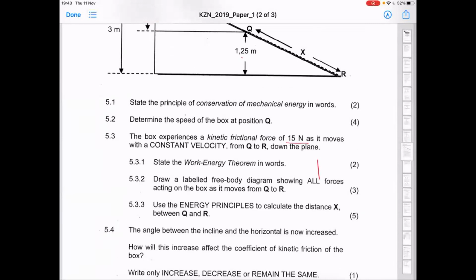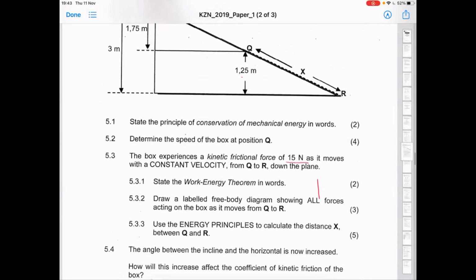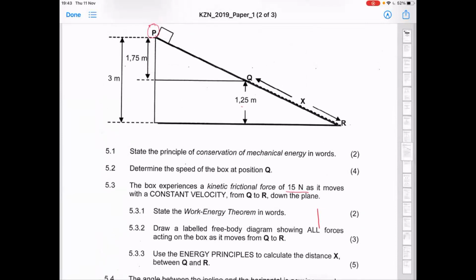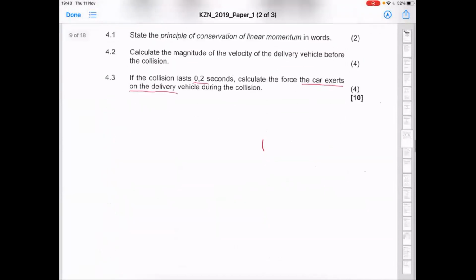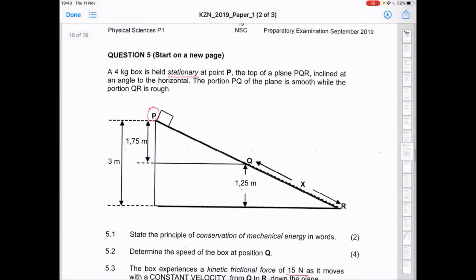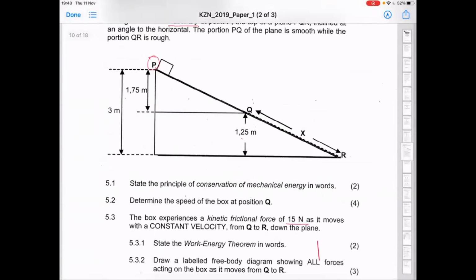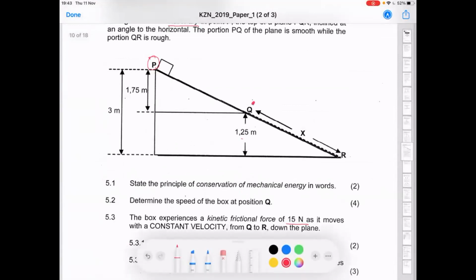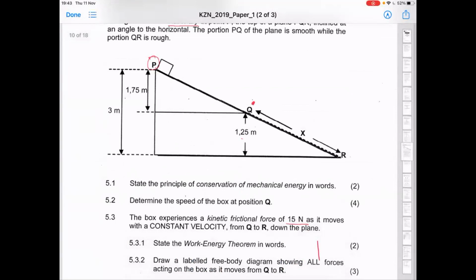Okay, so 5.3.2, draw a labeled free body diagram showing all forces acting on the box as it moves from Q to R. Okay, so the box is here at Q and it's sliding down to R. What are the forces that are acting on it?